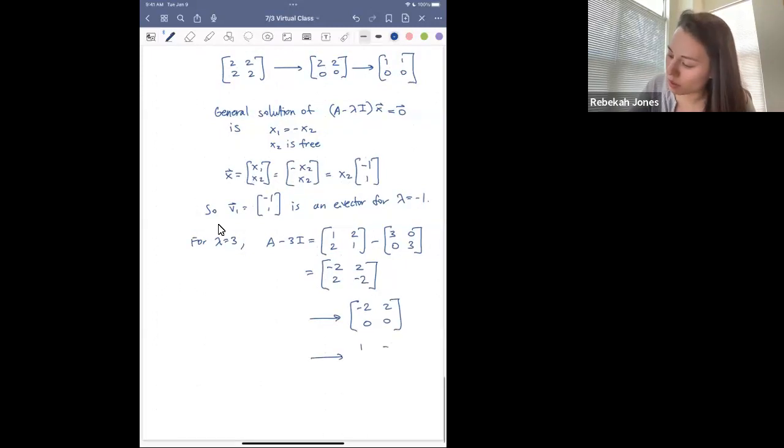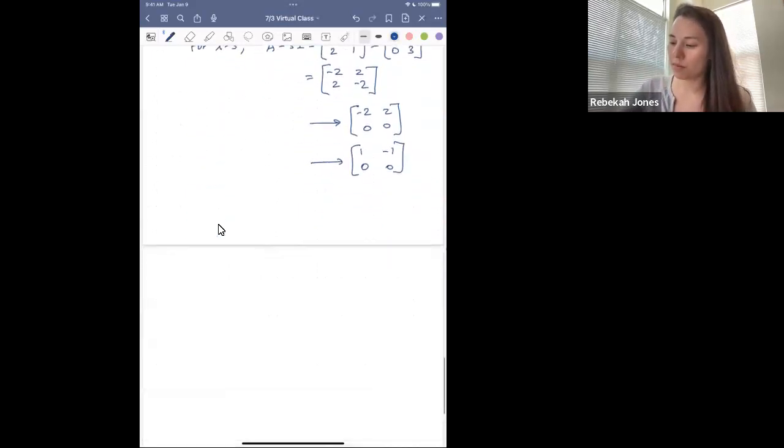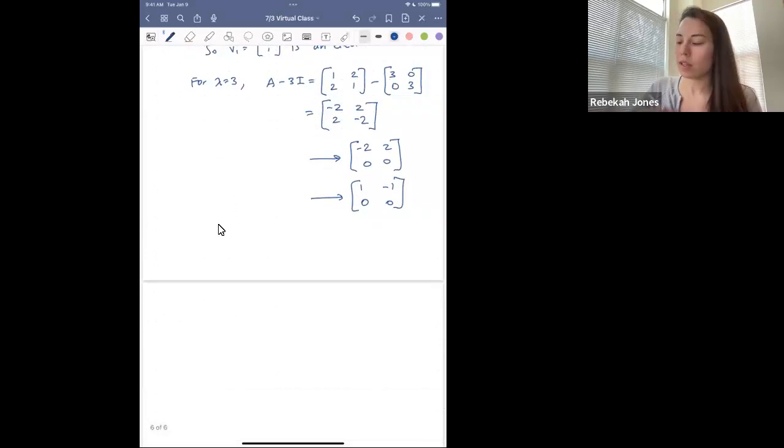That'll give us 1, -1, 0, 0. Writing down the solution of the homogeneous equation, we get x1 equals x2, and again, x2 is free.